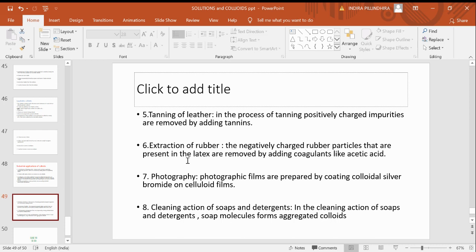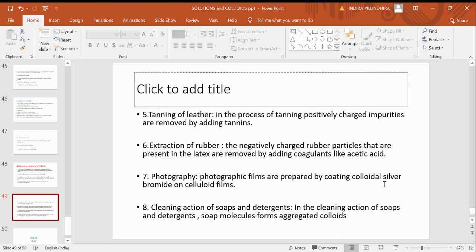So the rubber is obtained from the plant, and they will collect the latex, that is the milk white substance from the plant, and that milk like latex contains the rubber particles dispersed. It's a colloid. Okay, so those rubber particles are removed by adding the coagulants like acetic acid. If you add acetic acid, all the rubber particles will get separated from the medium.